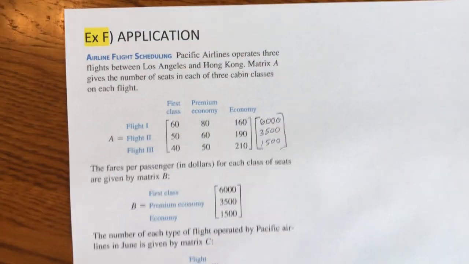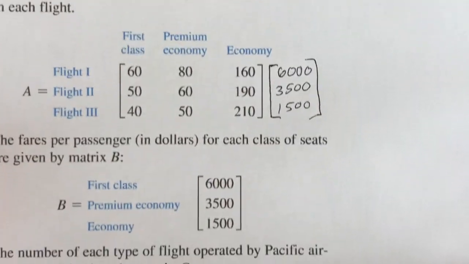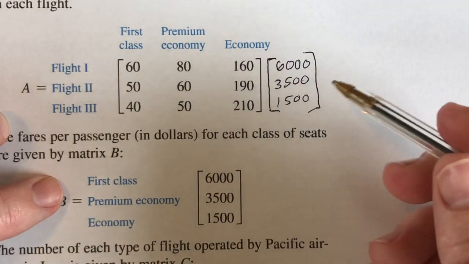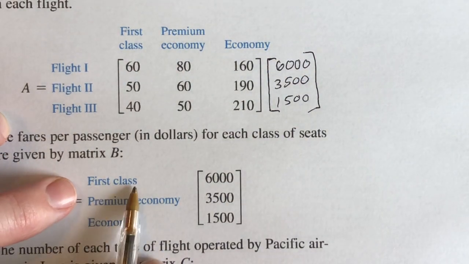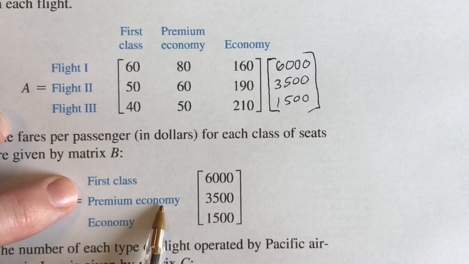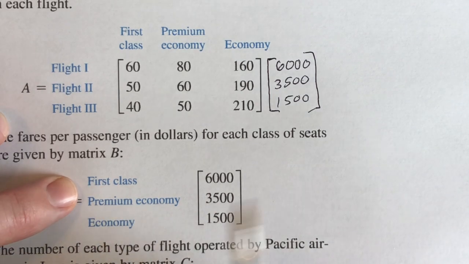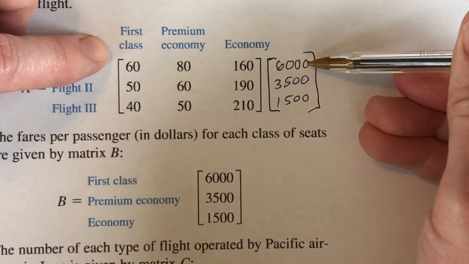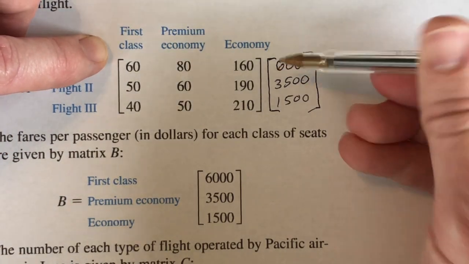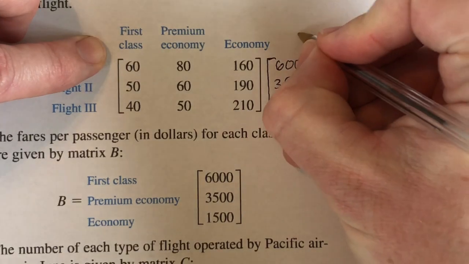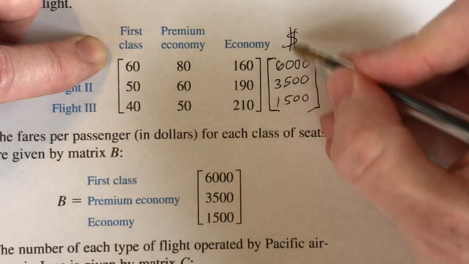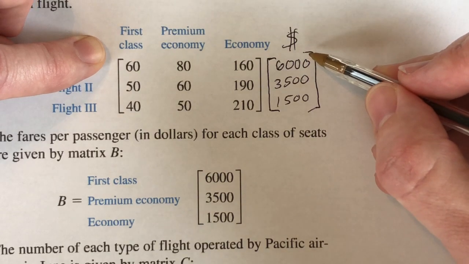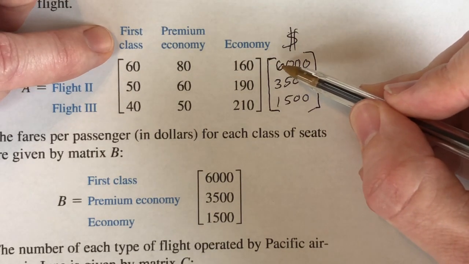Okay, so notice that these three values represent the type of seat: first class, premium economy, and economy. So again, this represents what? Here's what it really means. The fare, the price per passenger in dollars for each class of seat.